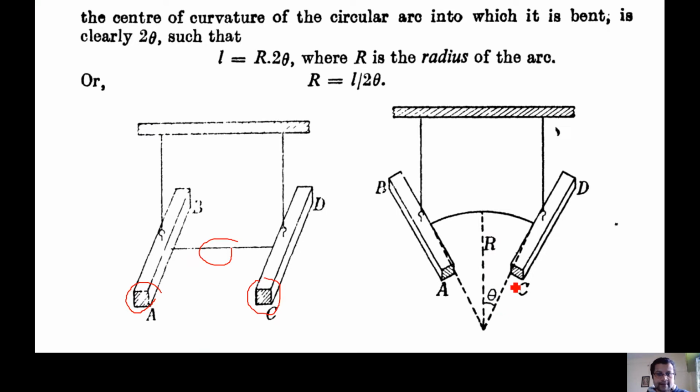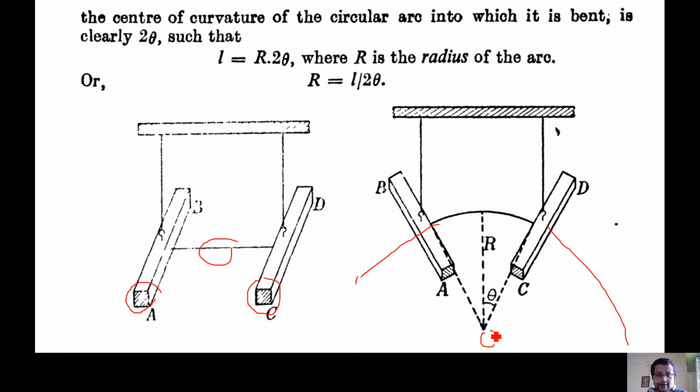So theta is half of the angle subtended at the center of this particular arc, and that gives me the radius of this curvature. If you extend this curvature, the center may be somewhere over here.